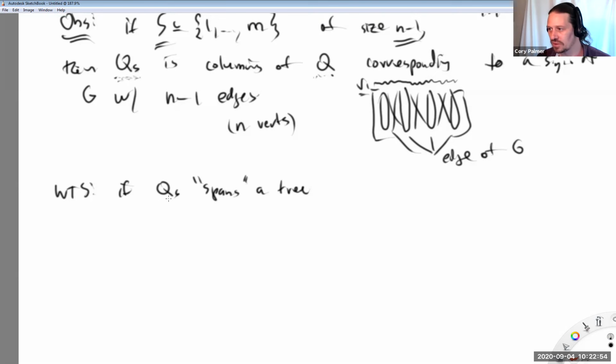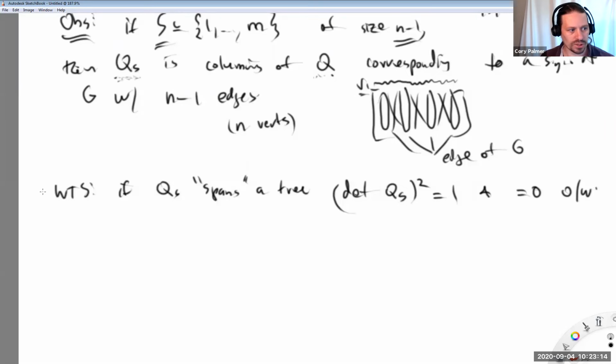If those n minus 1 edges form a tree, the squared determinant equals 1, and it equals 0 otherwise. That's what I want to show, and I'm going to try and prove that.